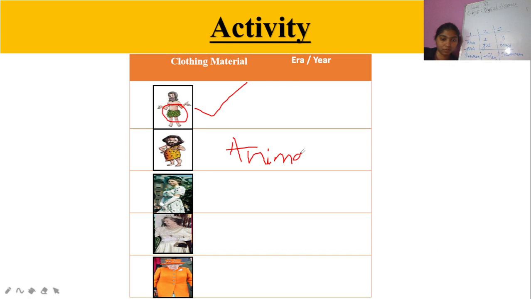Later on we came to various types of clothes with caps and other embroidery, and the color also changed. So it depends upon the time, students. Over time, the style of clothing just changes, right?